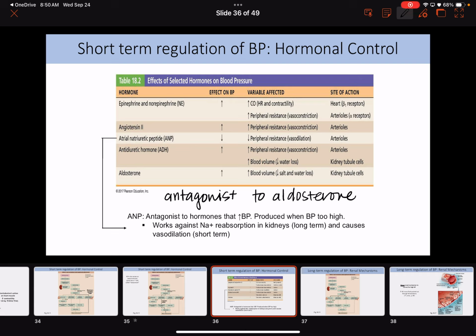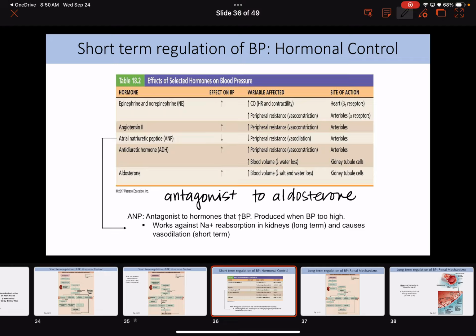So ANP, it is released when blood pressure is too high. It stops sodium reabsorption from happening. So more of that sodium is going to stay with the urine, which means more water stays with the urine and less is going to the blood, which should decrease blood pressure. So it works against sodium reabsorption in the kidneys and causes vasodilation short term, which is going to decrease blood pressure.